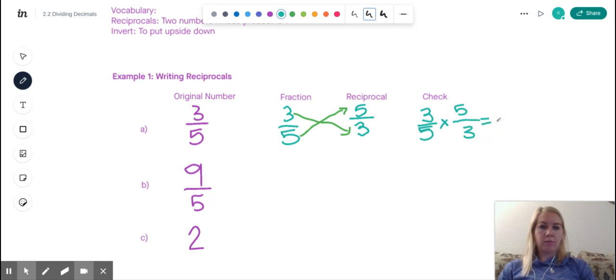Let's see if we get 1 as a product, because then we'll know we did it correctly. 3 times 5 is 15. 5 times 3 is 15. And if you ever have the same number in the numerator and the denominator, the product is 1. So we did that one correctly.